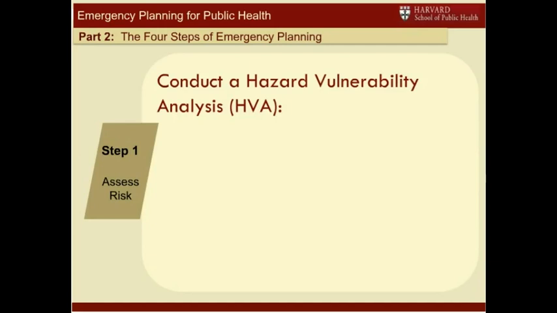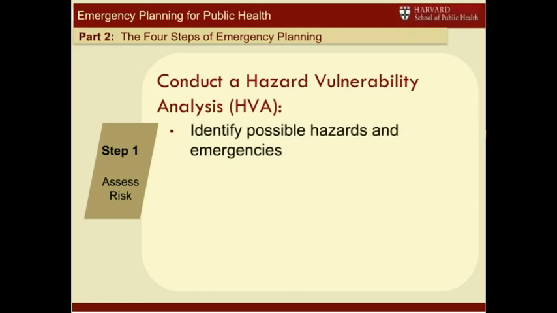The first step is to conduct a hazard vulnerability analysis, often abbreviated HVA. The purpose of an HVA is to identify potential hazards and emergencies. A good place to start is with the past history of your community. Don't forget recent events.